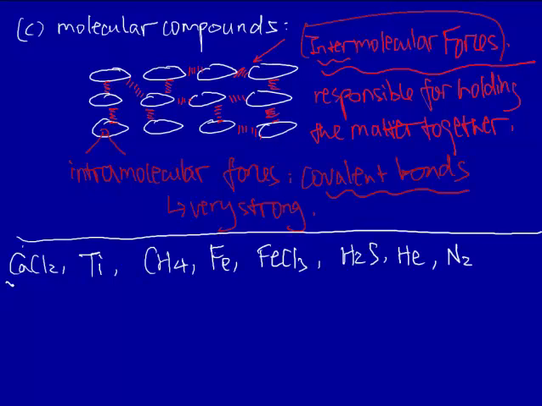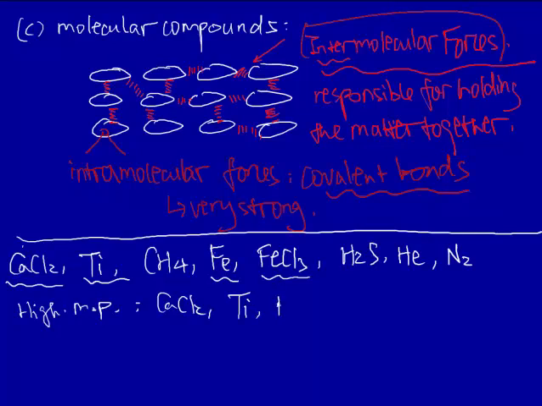As you can see, this is an ionic compound, this is an ionic compound, this is a metal, and that is a metal. Don't forget, titanium is a transition metal. So the ones with high melting points would be calcium chloride, because it's an ionic compound, titanium, a metal, iron, a metal, and iron(III) chloride.